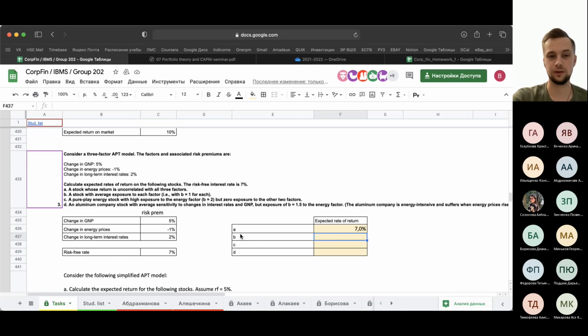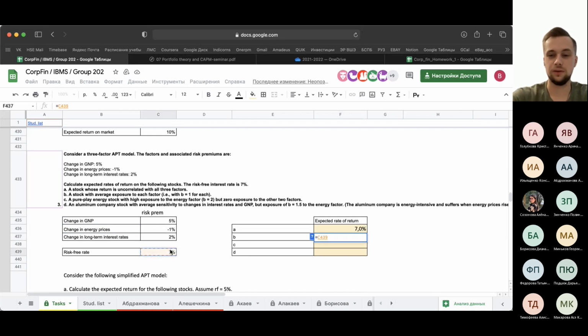Here in the second case, all the betas are ones because the dependence of the return on these risk factors is average, like for some portfolio on the market. So how do we calculate it?